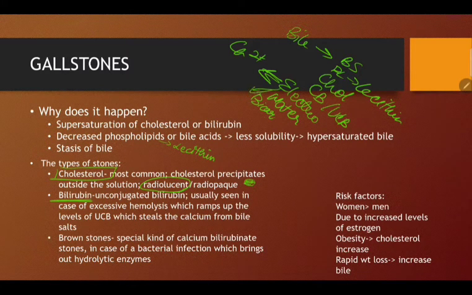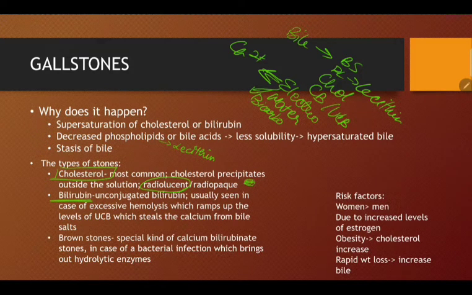So usually the bile salts bind to the calcium so that the conjugated bilirubin does not take it and form stones. But when there's too much unconjugated bilirubin and conjugated bilirubin, bile salts can't take up everything, right? So this calcium is taken up or stolen, as I've written it here, by unconjugated bilirubin, and now they become stones.